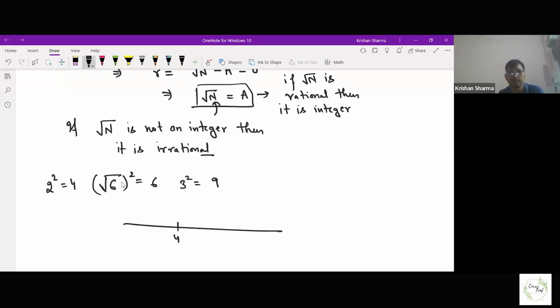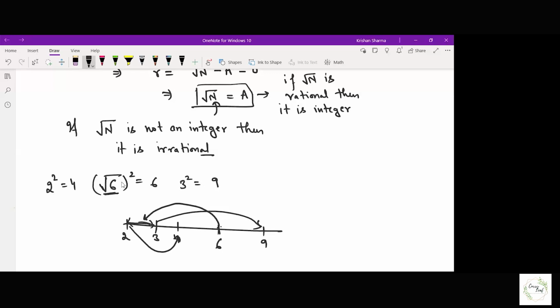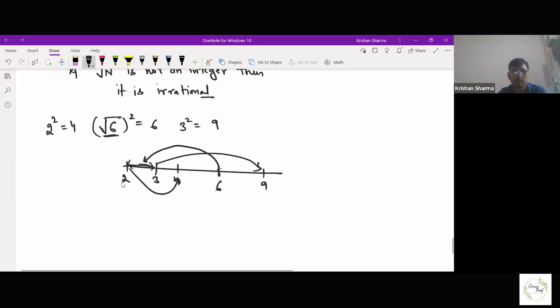So the square root of 6 must lie between 2 and 3. That's why this number is not an integer, because there are no integers between 2 and 3. So square root of 6 does not belong to the integers, therefore it is irrational.